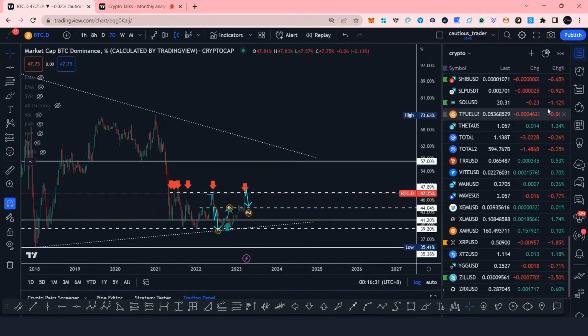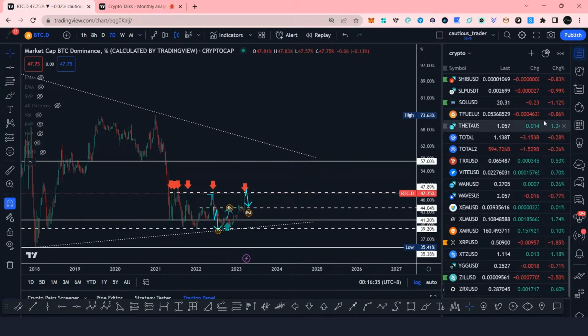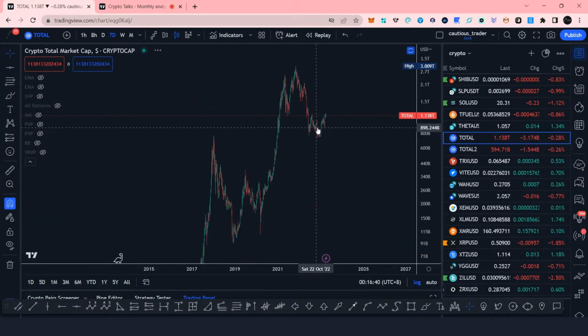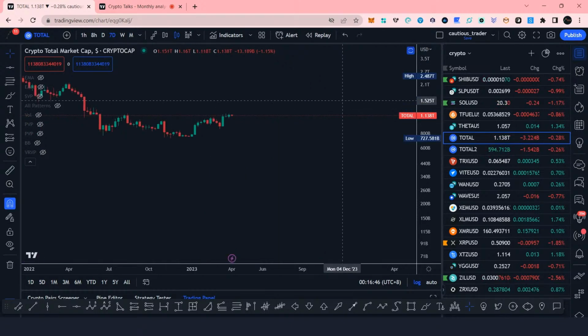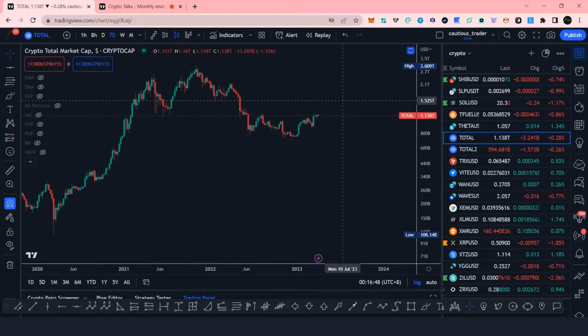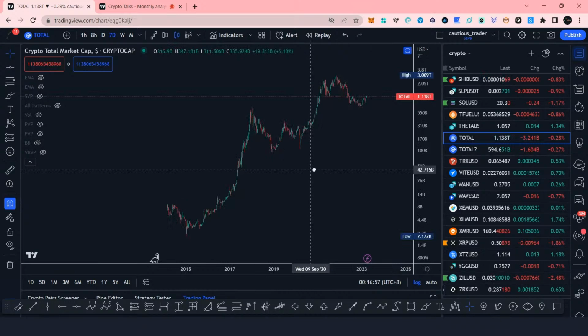What else? Let me just check how's the total. It's already 1.13 trillion dollars. Okay, almost close, no? Possible 1.31 na.